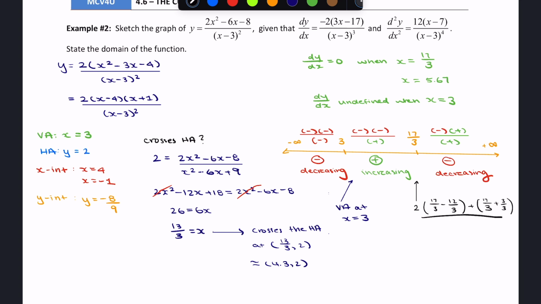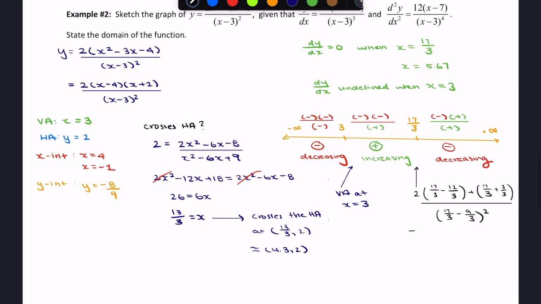And so here we're just rewriting it, in terms of the original function of 2x minus 4x plus 1 over x minus 3, so that everything is with a common denominator of 3, which makes it easier to calculate. And at the bottom we have 17 over 3 minus 9 over 3 squared.